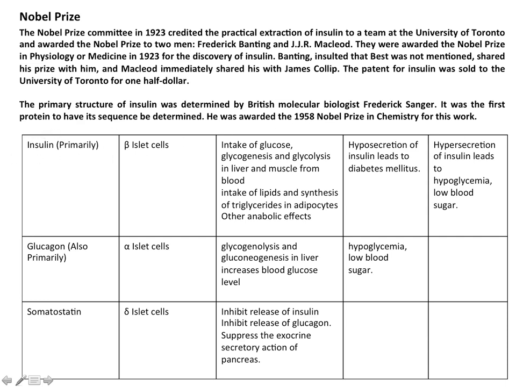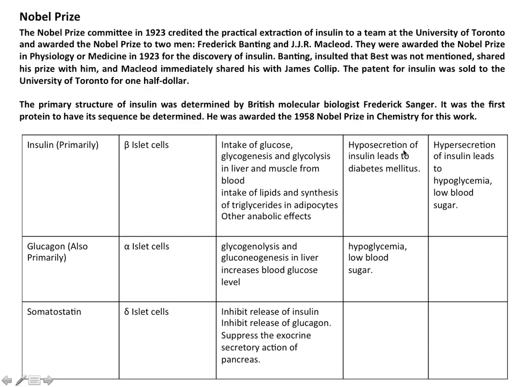Down in this chart, you can see the three important hormones of the pancreas. Insulin is secreted from beta cells. It takes in glucose and is helpful in glycogenesis and glycolysis.